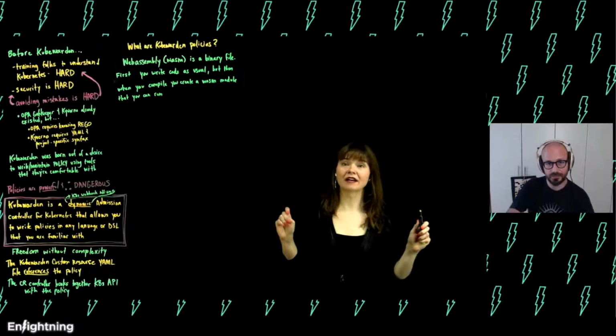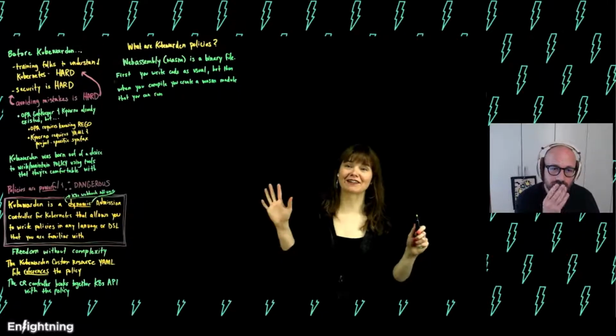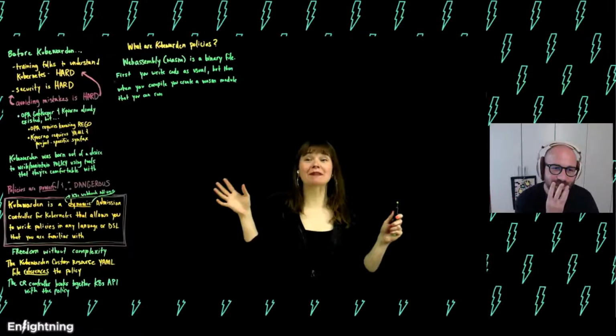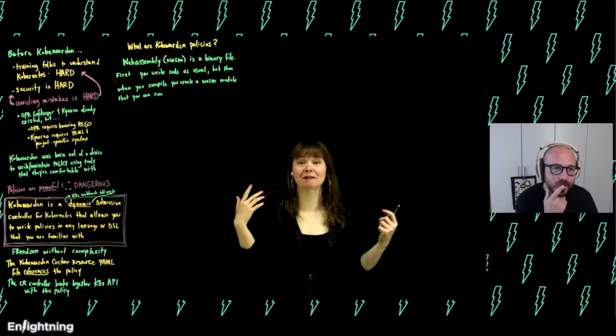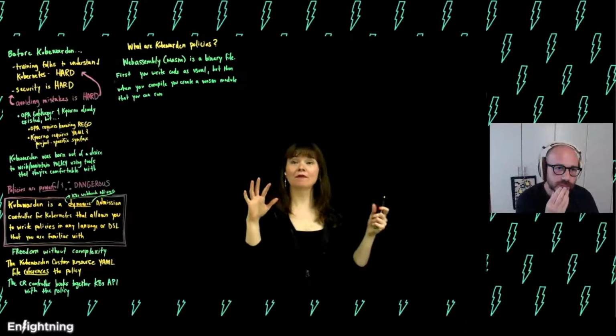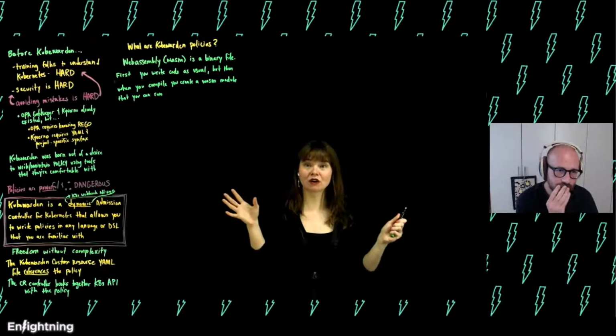Another interesting. I just want to. I'm a little bit behind you. I'm still trying to write down, sorry. But it's okay. What WebAssembly is, because this is actually the first time I'm hearing a definition of WebAssembly personally. So WebAssembly is a binary file, and first you write your code as usual, but then when you compile it, you create a WASM module that you can run.